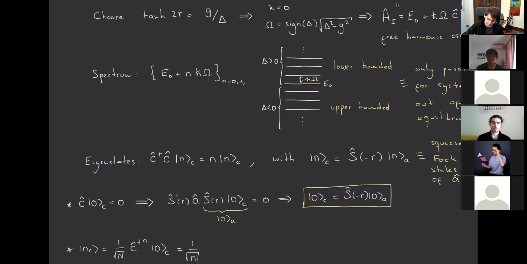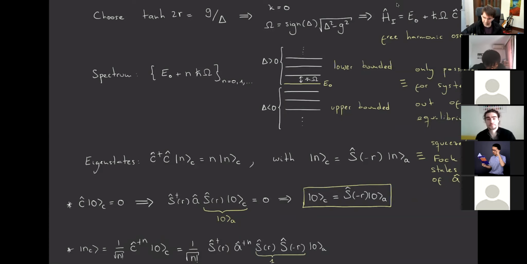So C is nothing but S dagger, as we have seen already, A, so then we get here A dagger to the N, and then S. And the vacuum state is nothing but S of minus R, and then the vacuum state of A. But what do we have in here?